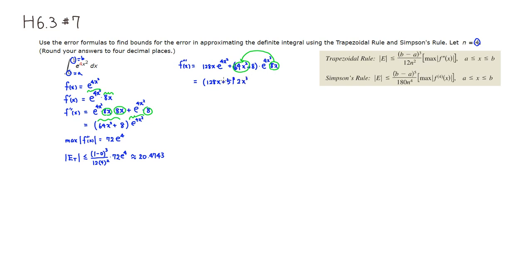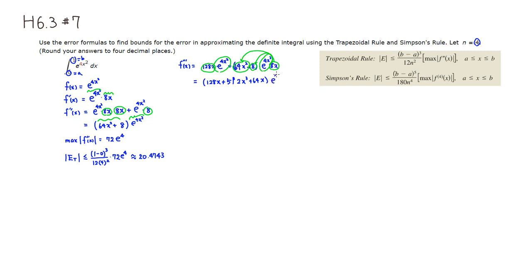It's a big number. Then 8 times 8 is 64x. I just distributed this to the 8. Then we just have to take care of e to the 4x squared, which is pulled out.